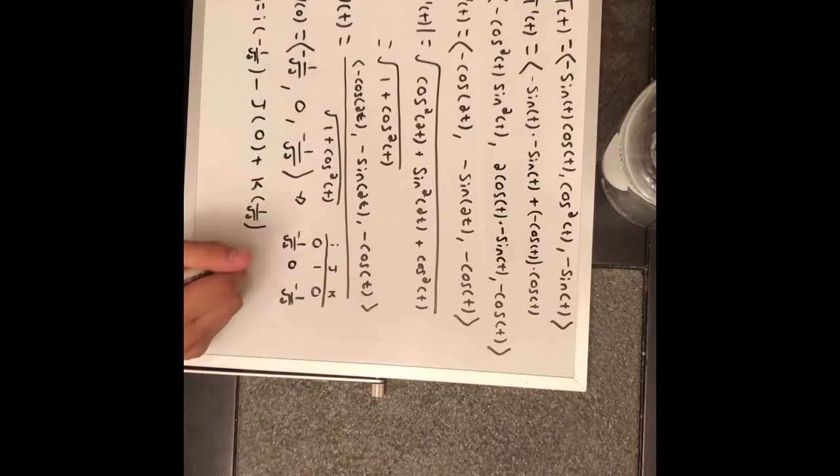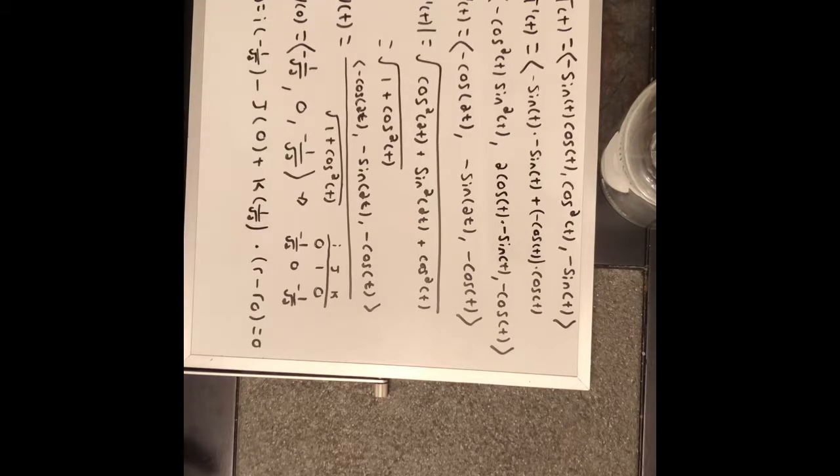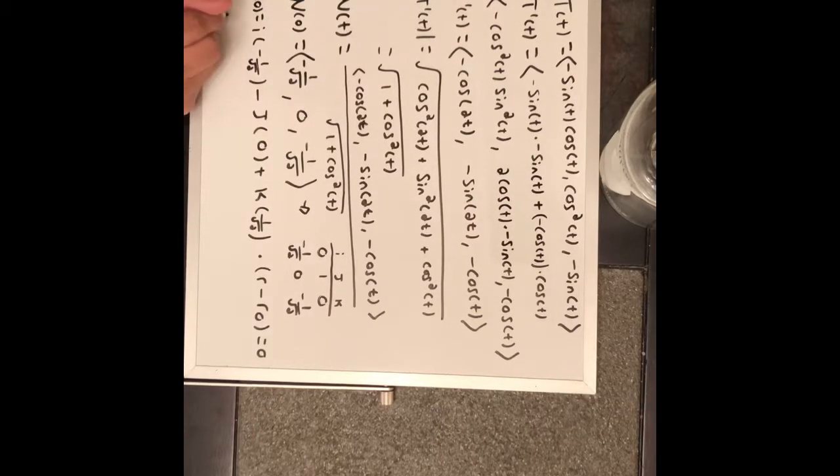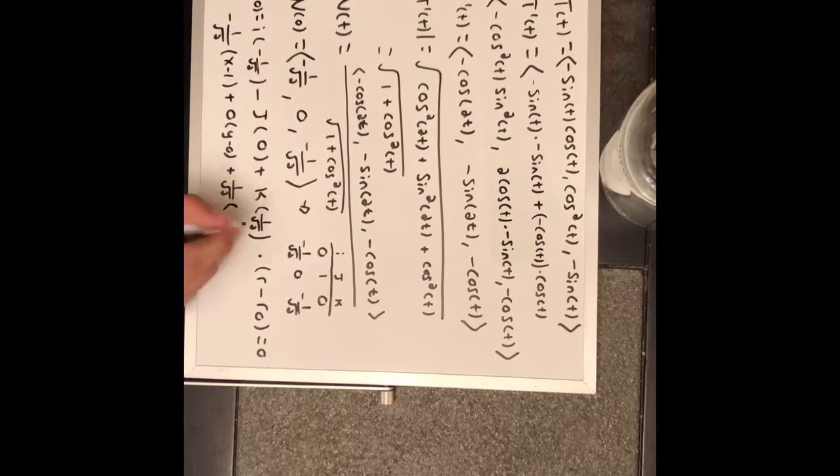We can multiply this by, to find the equation of the plane of r minus r naught, set it all equal to 0. Oh, not multiply, my bad. We can take the dot product of this. Okay. So we're gonna end up with negative 1 over square root of 2 times x minus 1, plus 0 times y minus 0, which will just be 0, plus 1 over square root of 2 times z minus 0 is equal to 0.